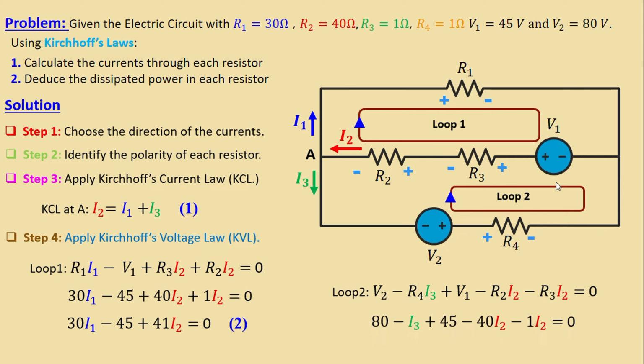We obtain 80 minus I3 plus 45 minus 40 I2 minus I2. We see here minus 40 I2 minus I2 is minus 41 I2. We obtain finally 125 minus I3 minus 41 I2 is equal to 0.